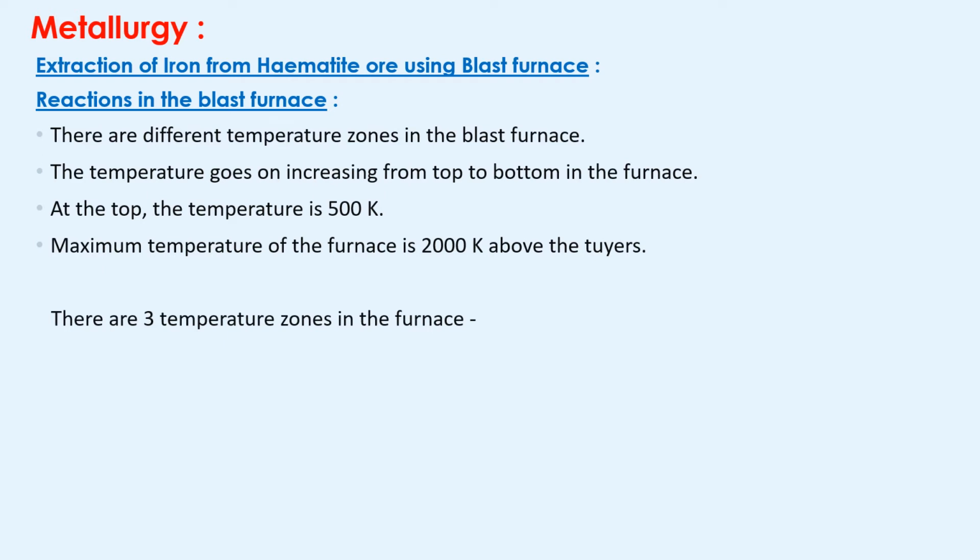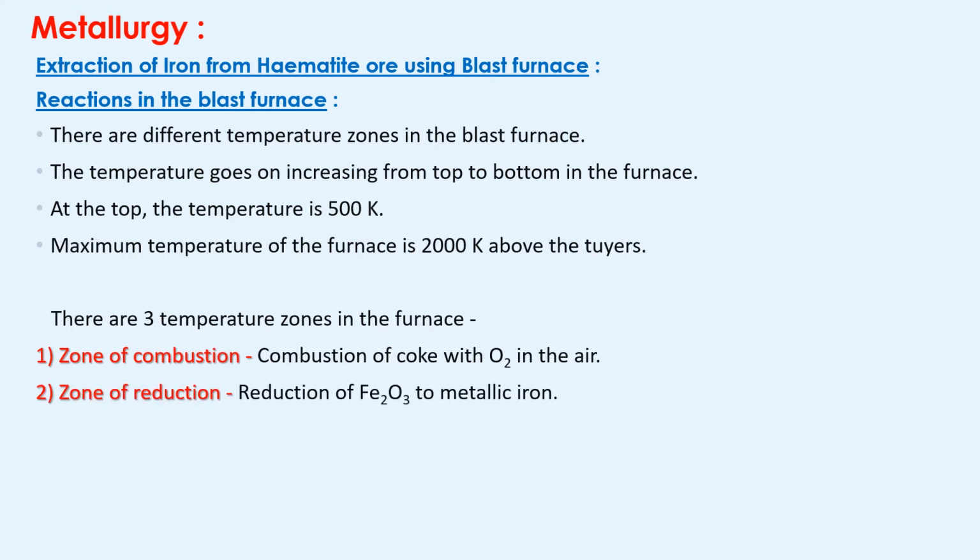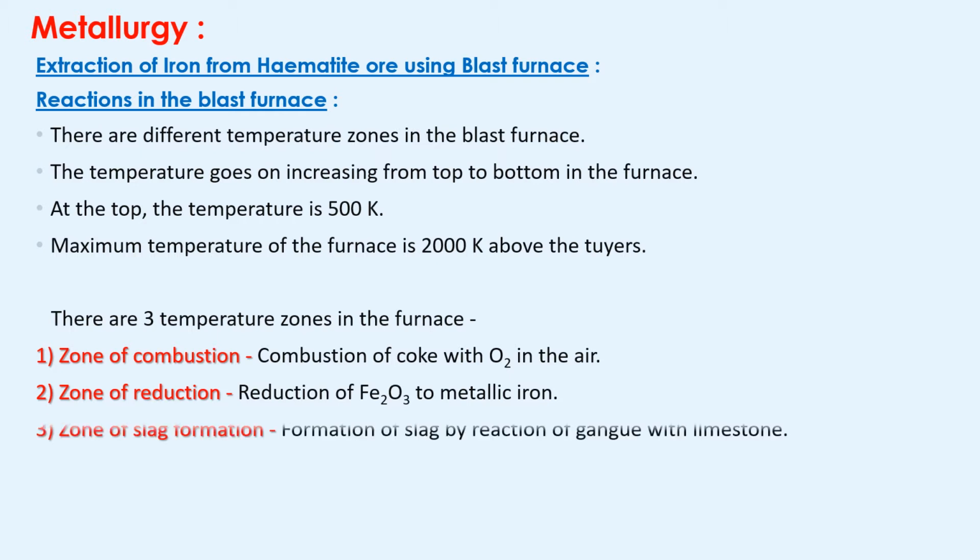So there are three temperature zones here. First is the zone of combustion, that is combustion of coke with oxygen in air. Second is the zone of reduction, where you carry out the reduction of Fe2O3 to metallic iron.